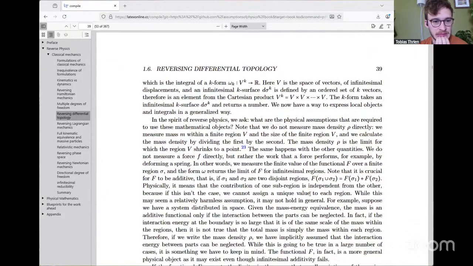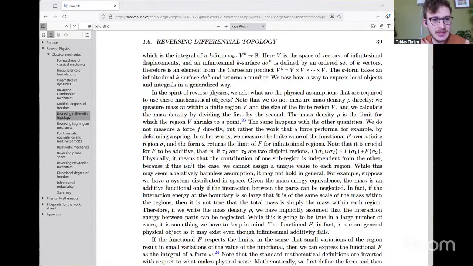Then let's continue. In the spirit of reverse physics, we ask, what are the physical assumptions that are required to use these mathematical objects? Note that we do not measure mass density rho directly. We measure mass m within a finite region V and the size of the finite region V, and we calculate the mass density by dividing the first by the second. The mass density rho is the limit for which the region V shrinks to a point.